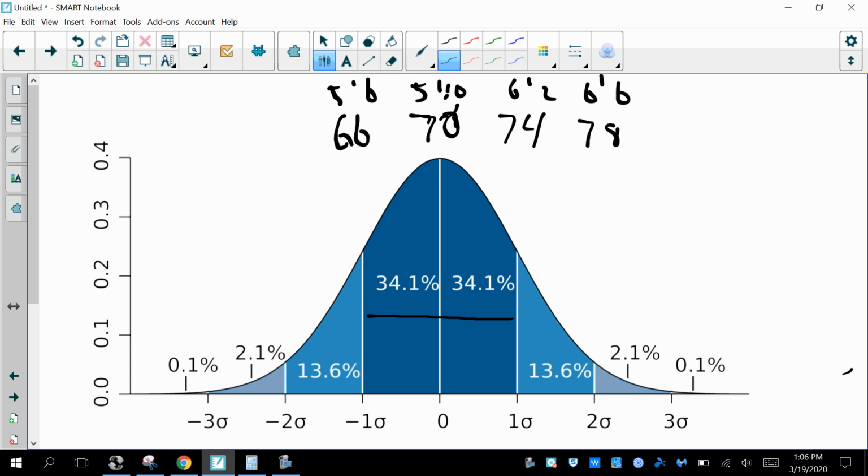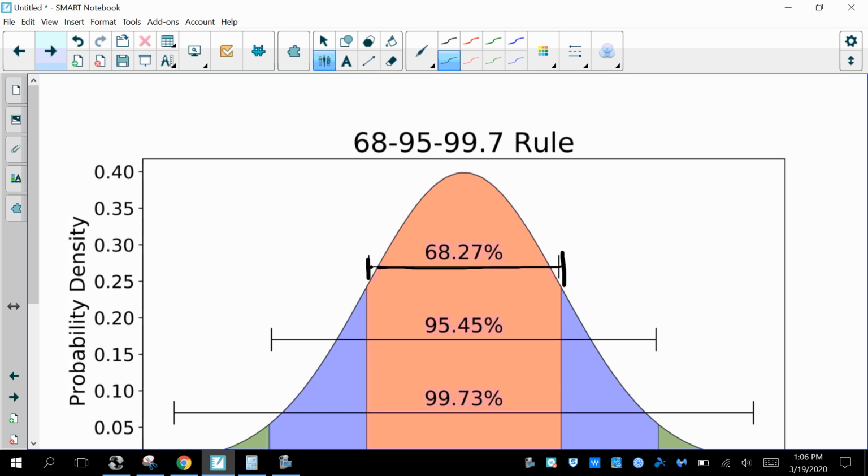And then going down one more, we'd be 5'2". These are people who are tall and short, right? They make up a smaller population. They only make up about 13.6% each. So about 13.6% of the population is between 6'2" and 6'6", and about 13.6% of the population is between 5'2" and 5'6". If you think about that in terms of overall numbers, that's 95% of your population.